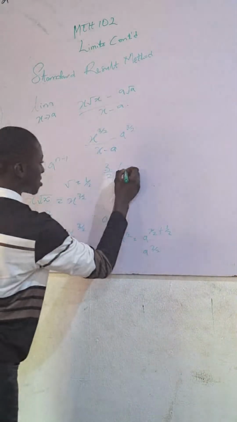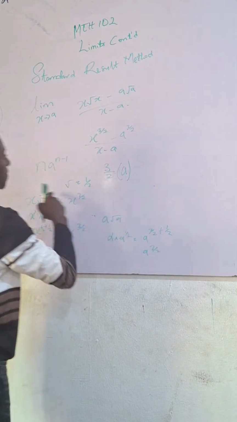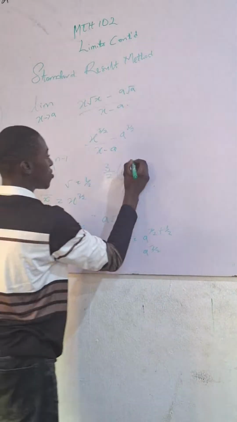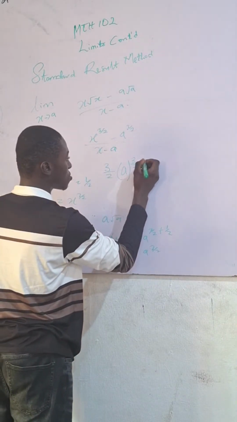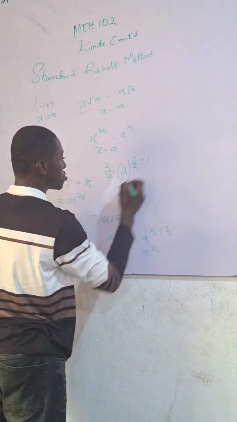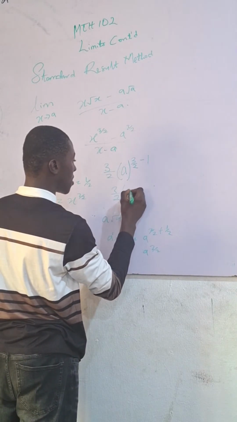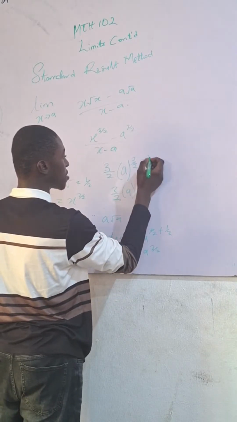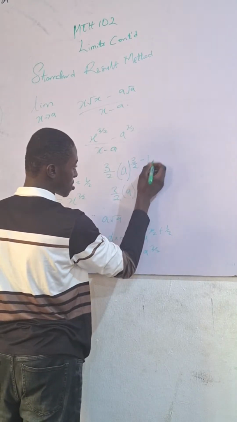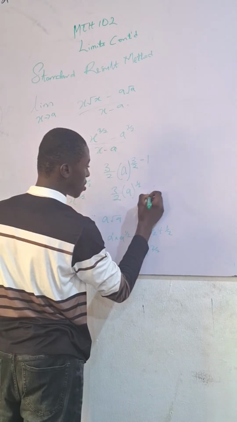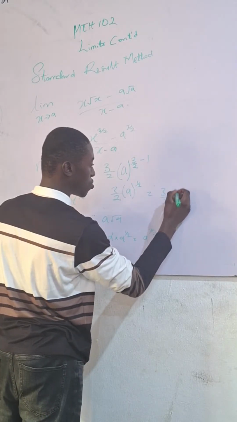My a is a in this case, multiplied by a raised to power, then what's my n? My n is 3 over 2, right? 3 over 2 minus 1. This will be what? 3 over 2 into bracket a raised to 3 over 2 minus 1, which is 1 over 2, right? So that would be 3 over 2 root a.